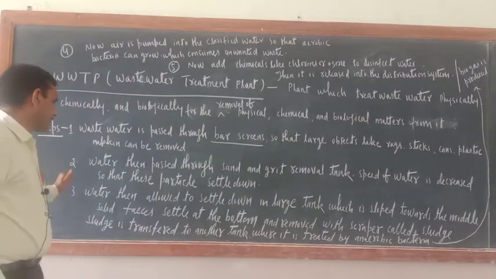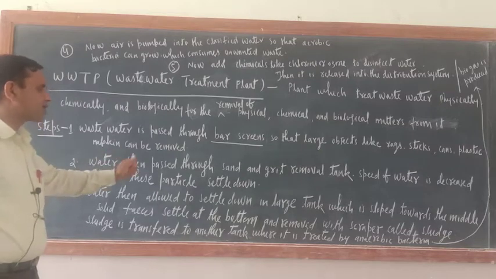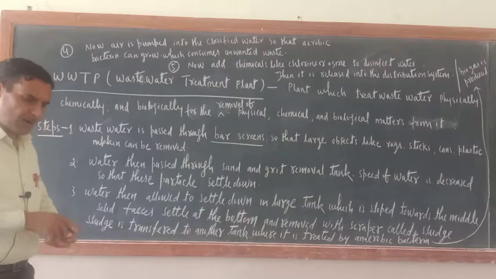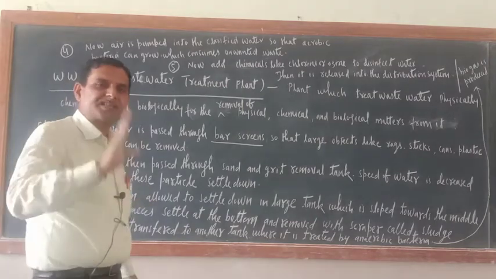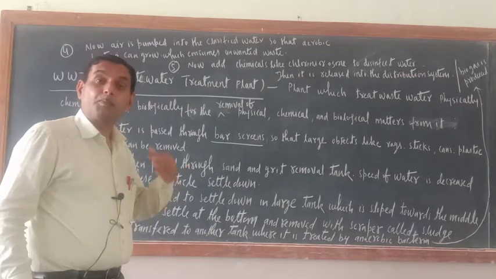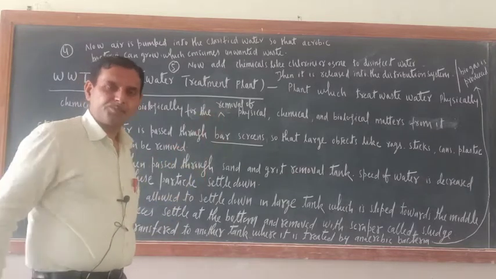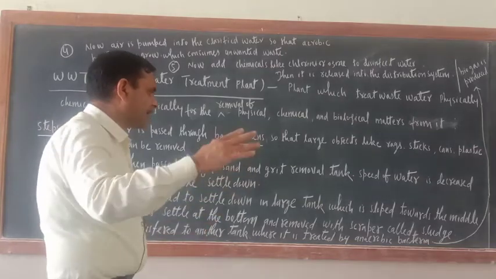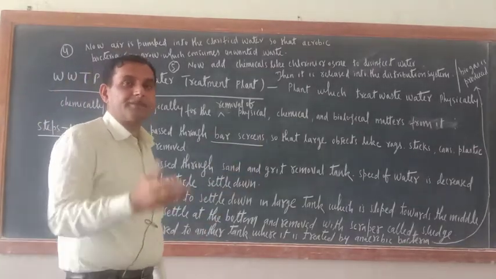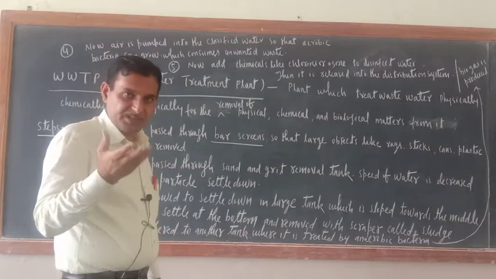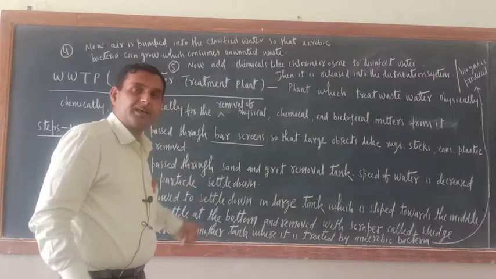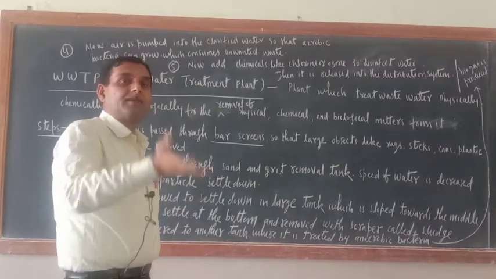Now what is the third one? Water is then allowed to settle down in a large tank, third step. Once the water is free from sand, grit, pebbles, it is allowed to pass through a big tank. Still some impurities are there which are light, so they have not settled in step number two, but they are big and they will float.